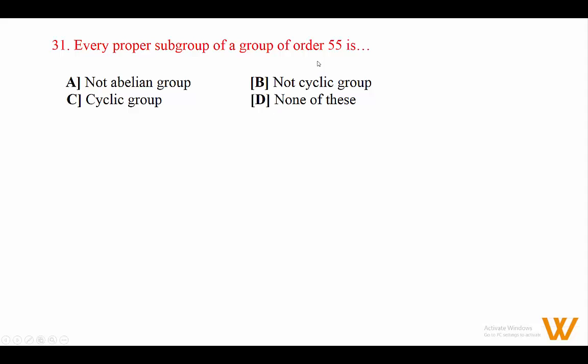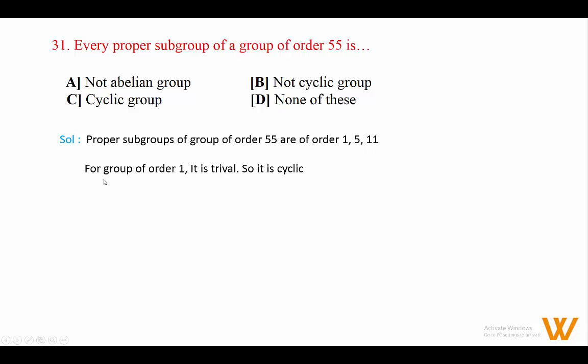31. Every proper subgroup of a group of order 55 is dash dash dash. Group of order 55, find its proper subgroups. Proper subgroups of a group of order 55 are of order 1, 5 and 11 because the factors of 55 are 1, 5 and 11.